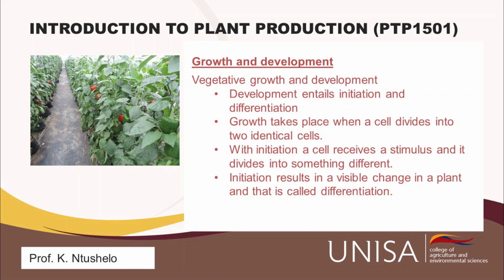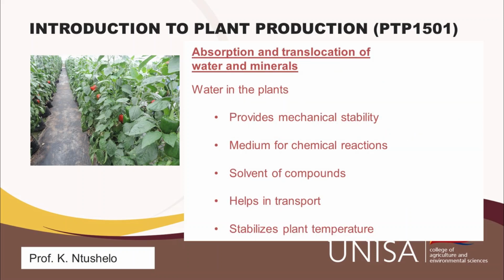Now let's move to that part: absorption and translocation of water and minerals. Water in the plants provides mechanical stability. That is, it holds the plant upright. It's a medium for chemical reaction. The metabolism that I spoke about, it needs water as a medium.